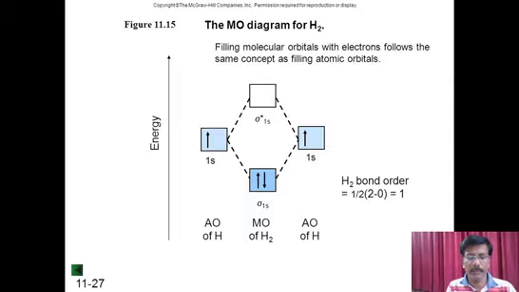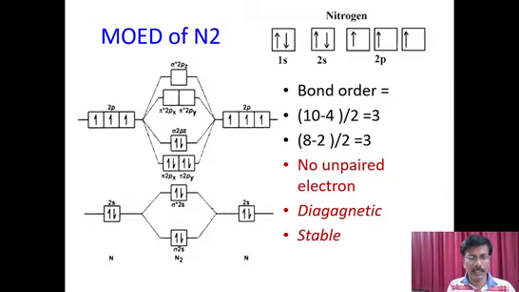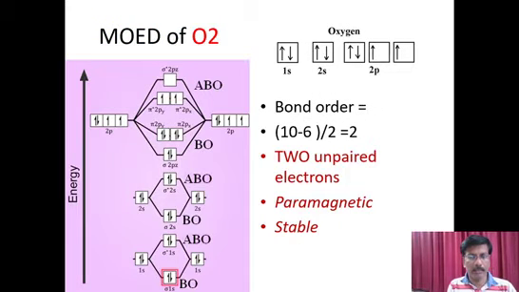And also we explained whether the molecule is stable or not. So these are the three important features we can explain by using the molecular orbital energy diagram. So we have completed these two molecules, hydrogen and nitrogen. Now let us continue our molecular orbital energy diagrams of different molecules.